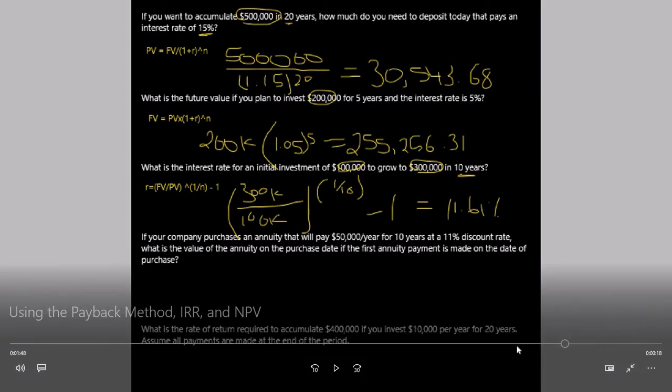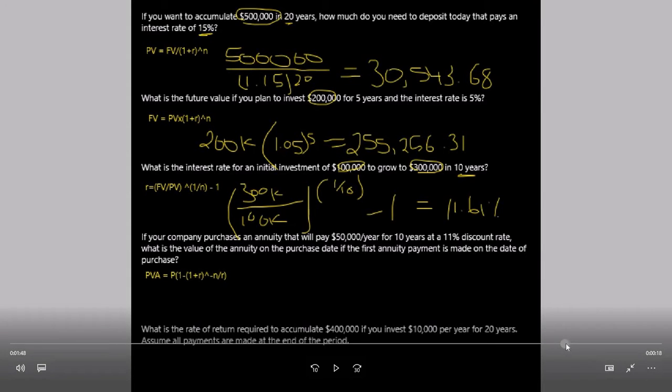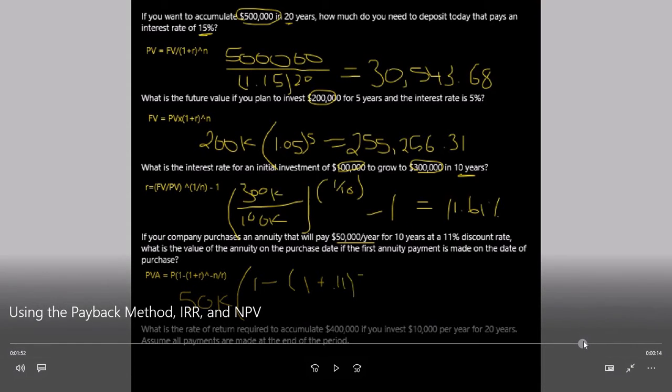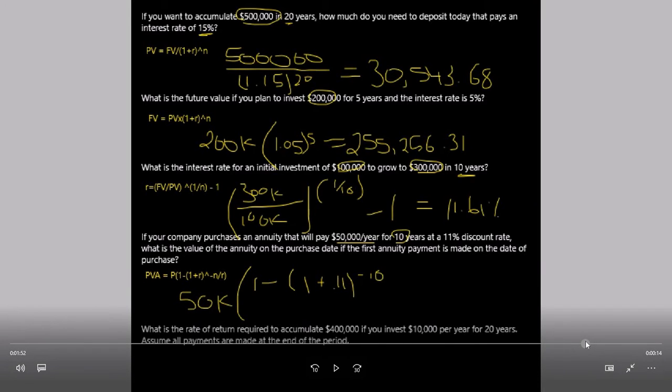So we're looking for the present value of an annuity. Again, here's the formula that we're going to be using. We know that we're paying $50,000 a year. So we'll fill all of that in, knowing what we have. And so 10 years is our term.